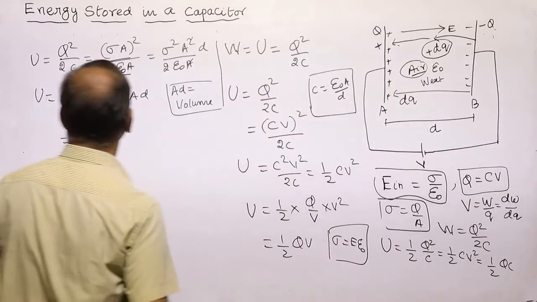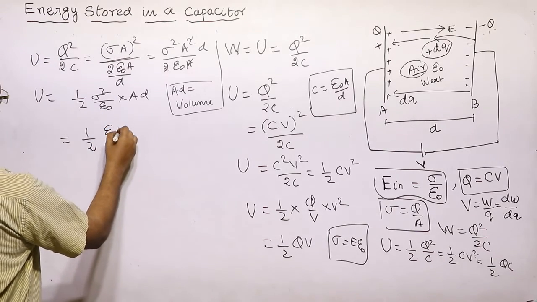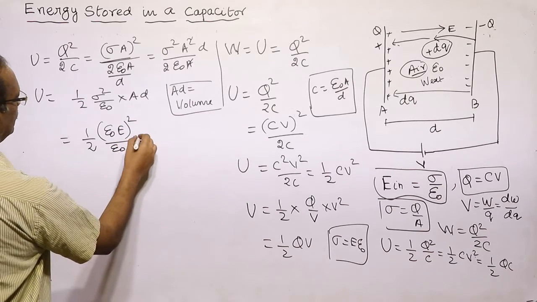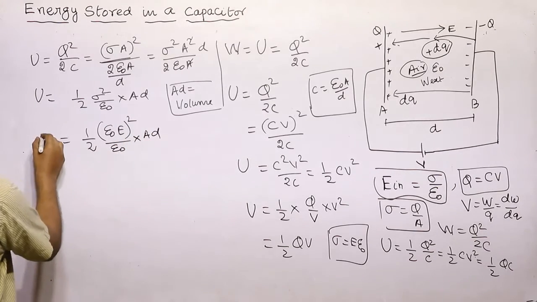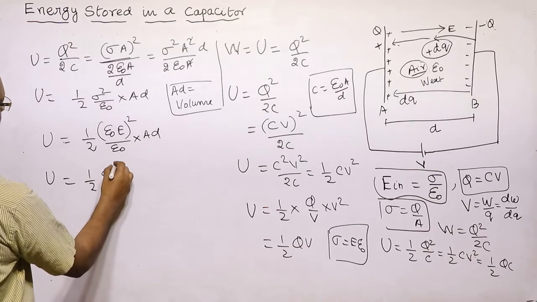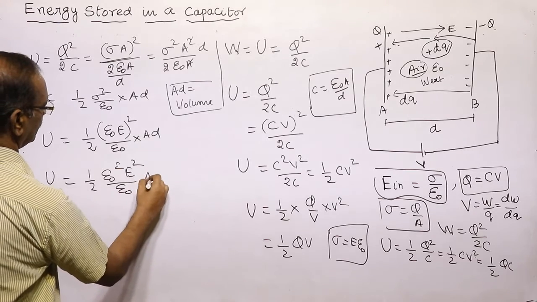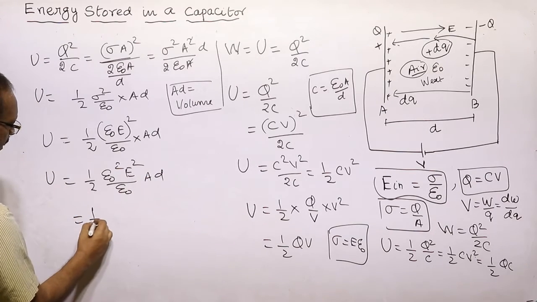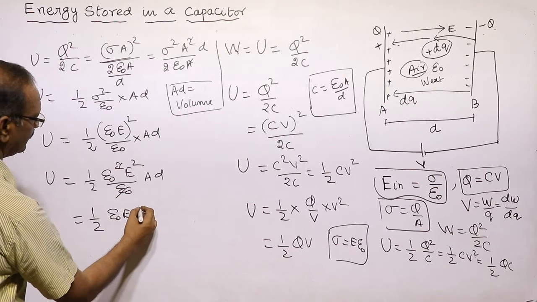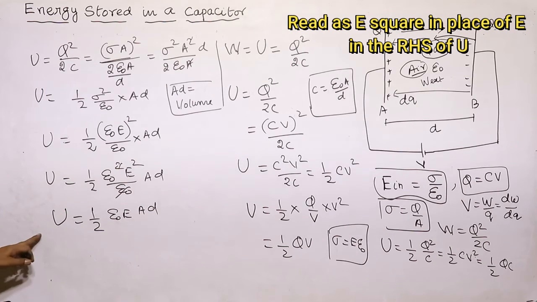So sigma square we can write as epsilon naught E whole square. So U is equal to half into epsilon naught square into E square divided by epsilon naught into A into D, which is half epsilon naught E square into A into D. So this is the expression for potential energy.